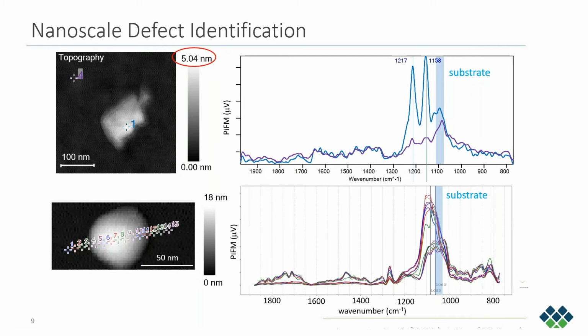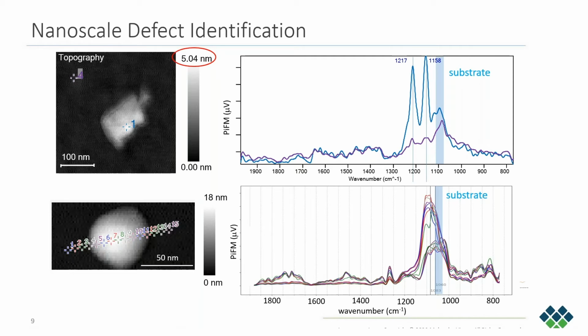When we take the spectrum on top of the particle, the peak is on the order of about 1100 wave numbers, whereas the substrate has a peak around 1060. The 1060 is a peak associated with amorphous silicon oxide, so it's probably showing the native silicon dioxide, because the substrate was a silicon substrate.